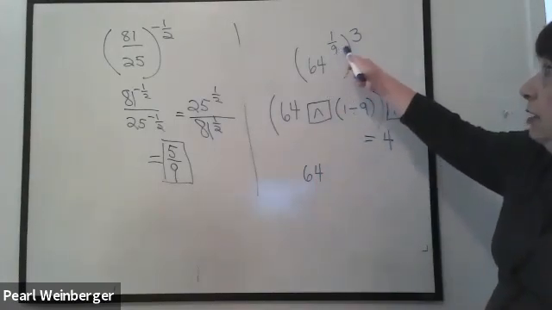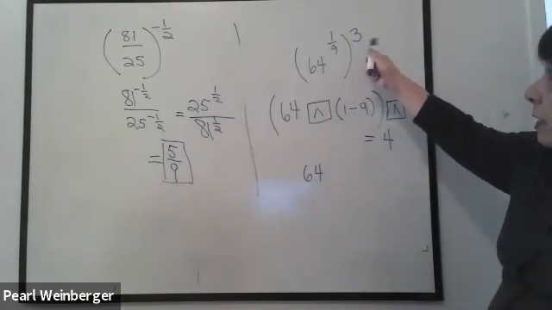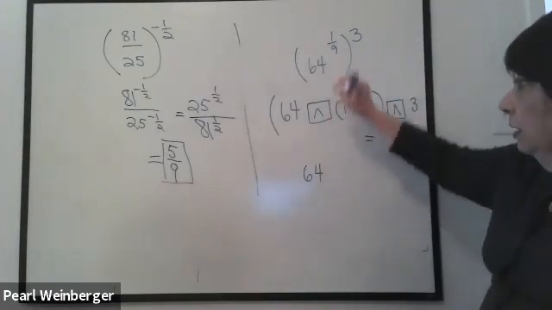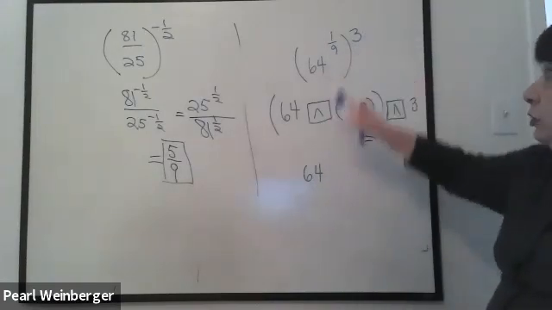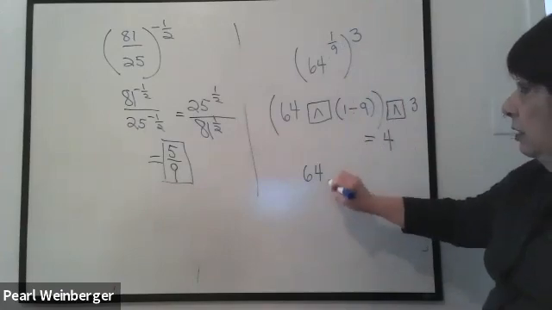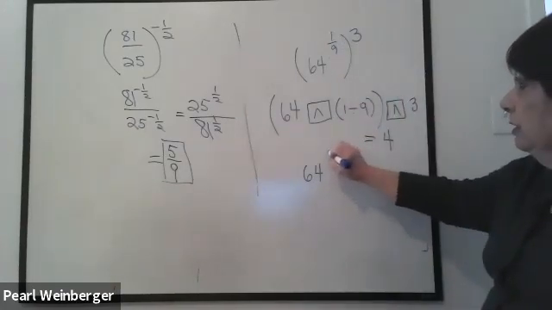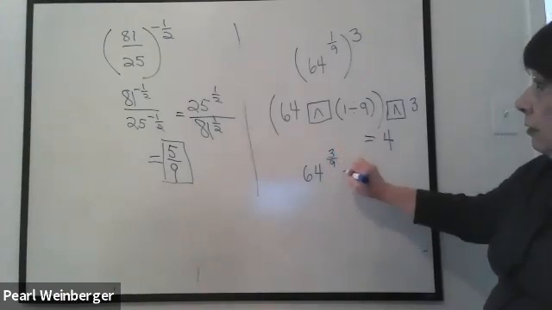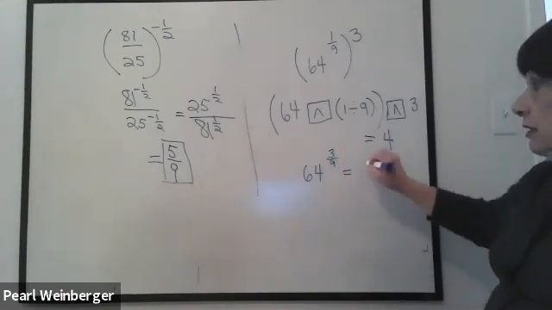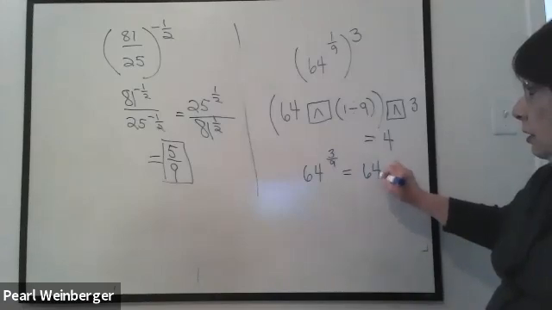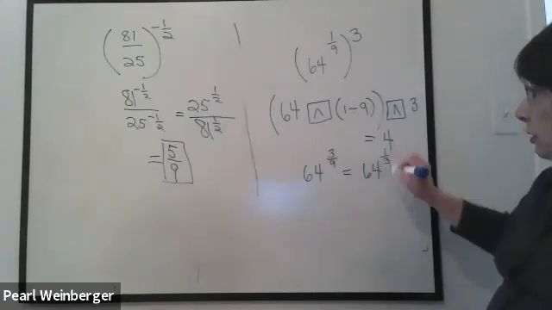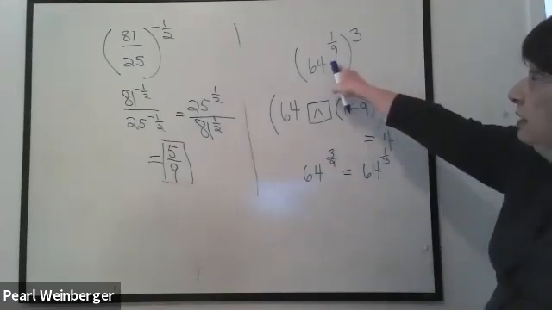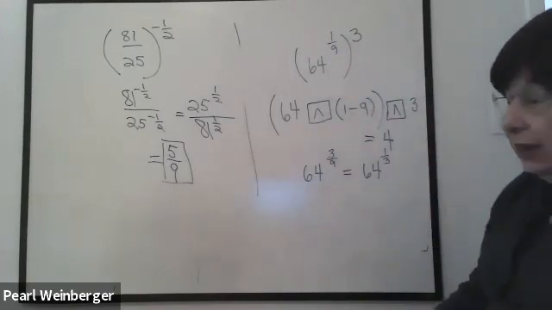So I get 1/9 times 3, because an exponent with an exponent, you're just multiplying the exponents. And 1/9 times 3 is 3/9. And 3/9 is the same as 1/3, it reduces. So this really means 64 to the 1/3 power.